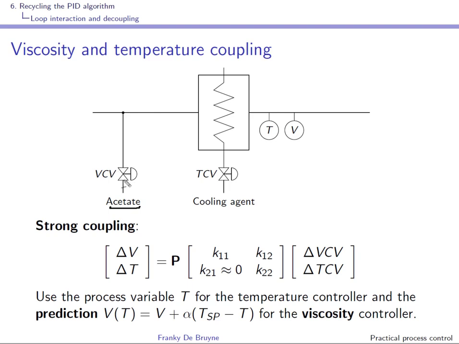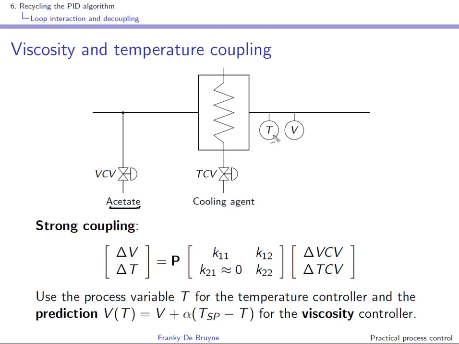So by changing the position of this control valve, you can increase or decrease the amount of acetate that is added and influence the viscosity. This acetate will have a certain temperature that in general will be different to the temperature that you desire at the output, but this influence will be rather small, because the acetate flow is small with respect to the product flow.